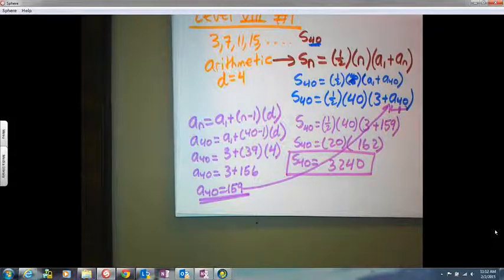And there you have it. For those who are able to get this, move on please to level 8, problem number 6. That's where I'm going next.